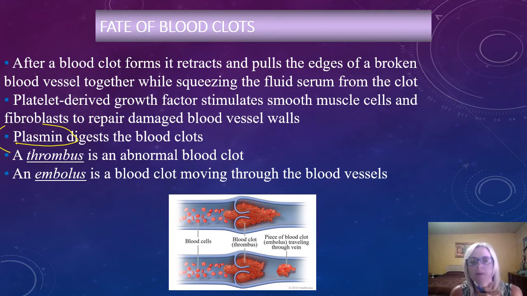A thrombus is just an abnormal blood clot. So basically, a thrombus is a blood clot, and you can see that right here. And then here is an embolus. It is a blood clot that is moving. It's on the move. All right. So that's the key difference there, is whether or not it's moving.